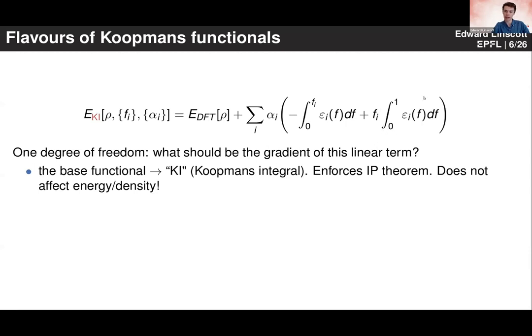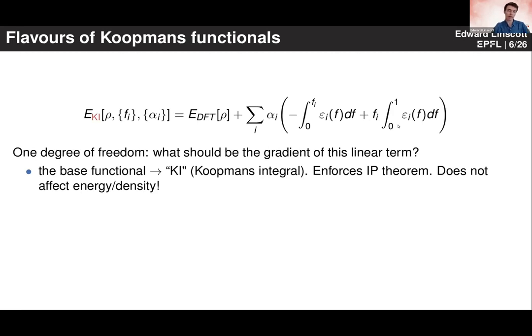By writing it like this, we explicitly enforce this ionization potential theorem, that these eigenvalues should be equal to those given by total energy differences, because if we evaluate this at either 0 or 1, we get the total energy when the orbital is totally empty or totally full.